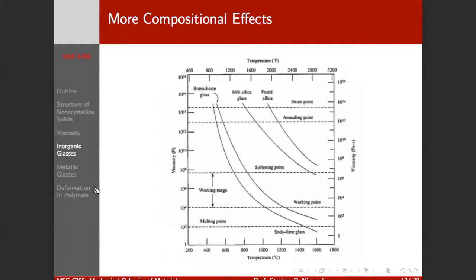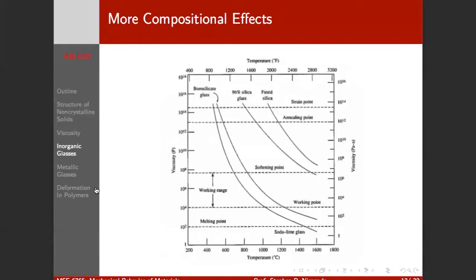The annealing point is the temperature that you need to get above. It's arbitrarily defined at 10 to the 13th poise. That's the temperature you need to get above to relieve residual stresses in your material, where there's enough energy for thermal fluctuations to reduce any built-up stresses that you have in your glass. And the strain point is the temperature that you have to slow cool below so you're not building up residual stresses.